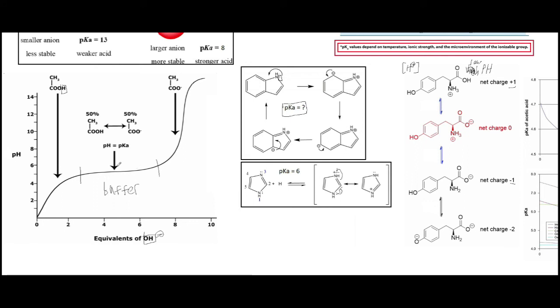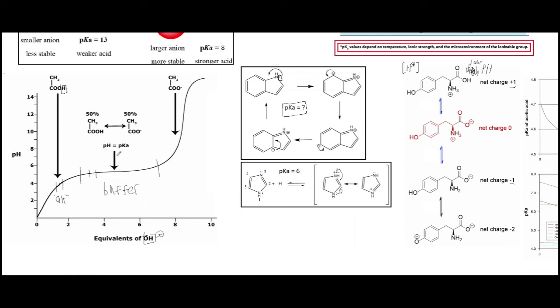If you add from here to here this amount of OH minus, you are increasing the pH by quite a bit, whereas over here if you add the same amount, your pH is not increasing by that much, and so this is a buffered area.